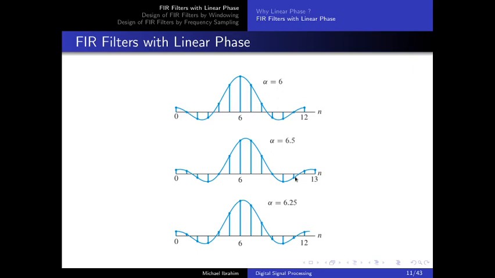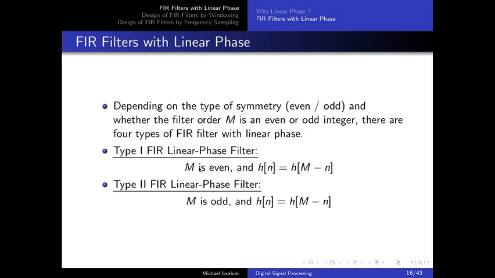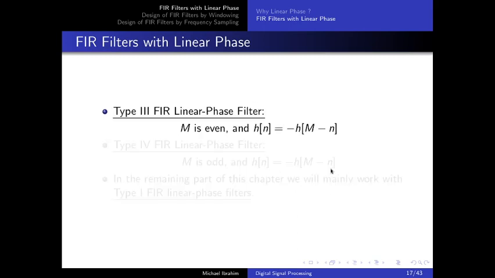We still have this symmetry. So keep in mind that if m is even, it's type 1 filter. If m is odd, it's type 2 filter, given we have this kind of symmetry, the even symmetry, h of n is equal to h of m minus n.